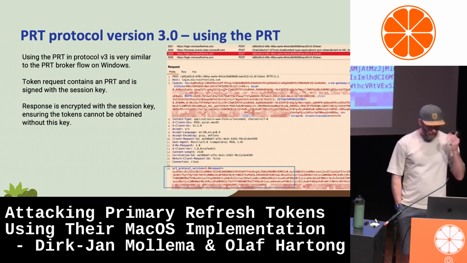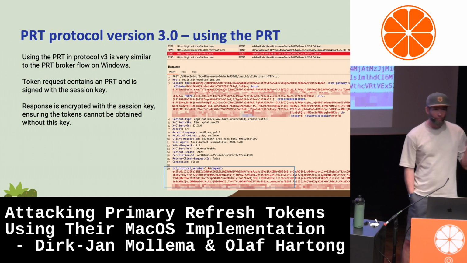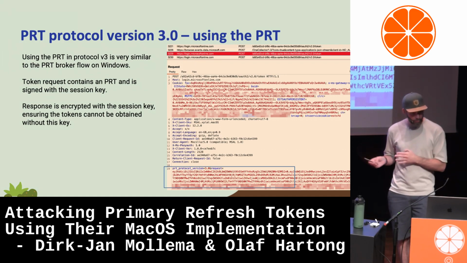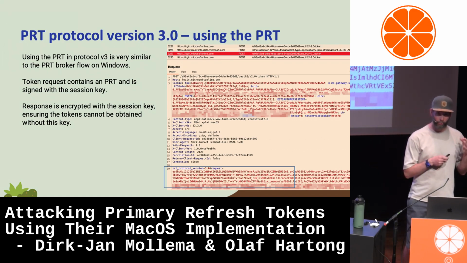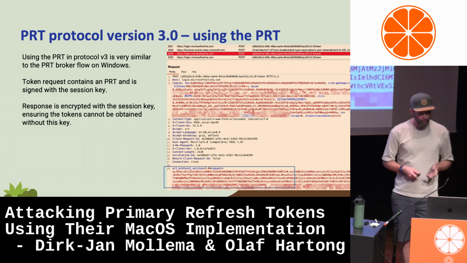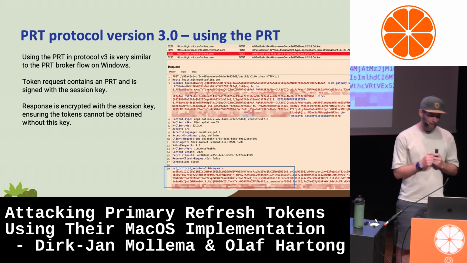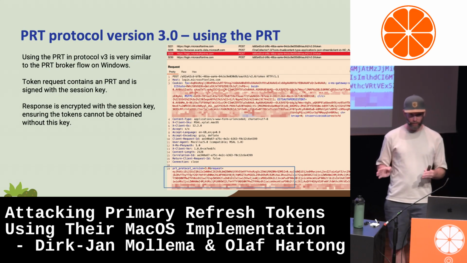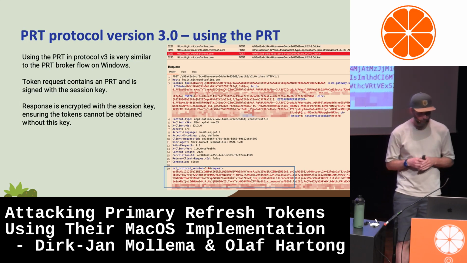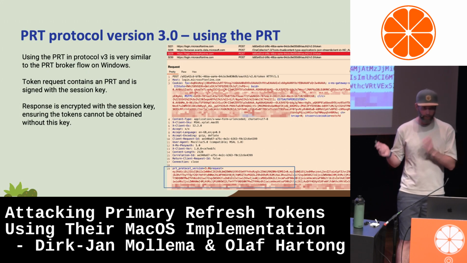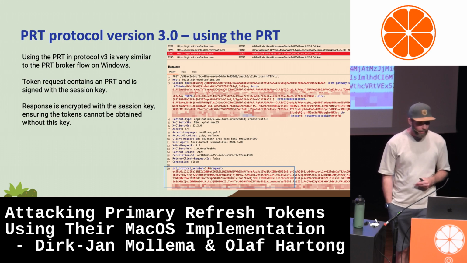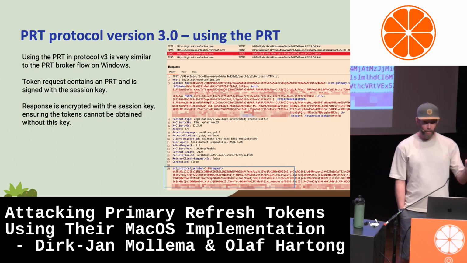So as I just mentioned, the PRT v3 flow for this is fairly similar to how it works on Windows, with probably the biggest distinction being that on macOS, for the PRT3 flow, it will store it in the keychain together with the session key, as I'll show you in a second. Whereas on Windows, it will be used with the TPM if you have one.